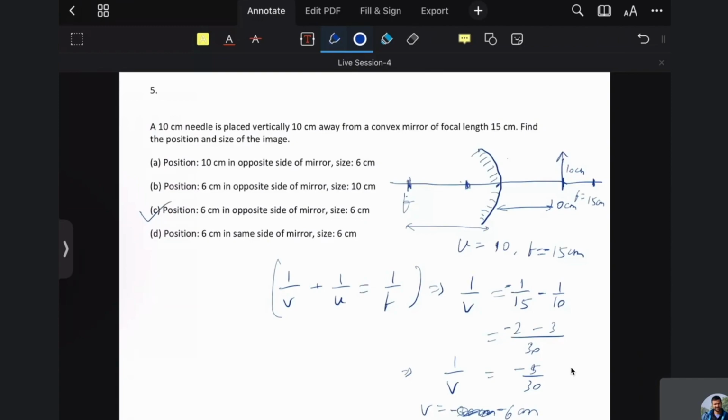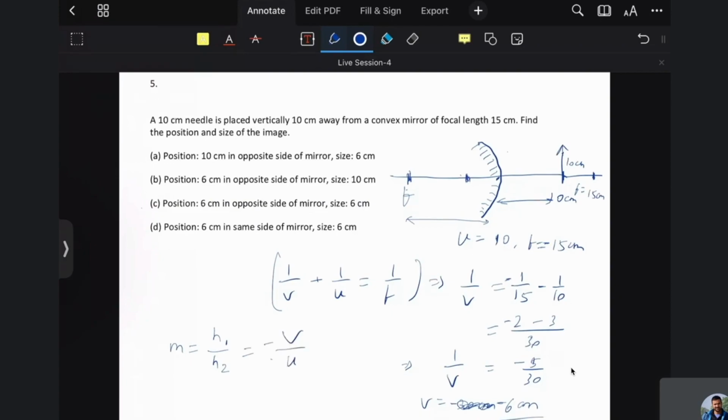And we also have to know the size. So the size of the image by the size of the object is equal to minus v by u. You know this magnification formula? Yes, sir.